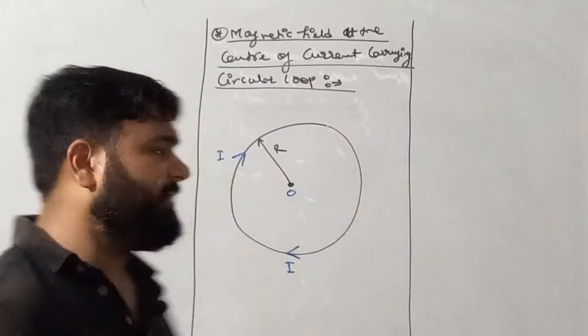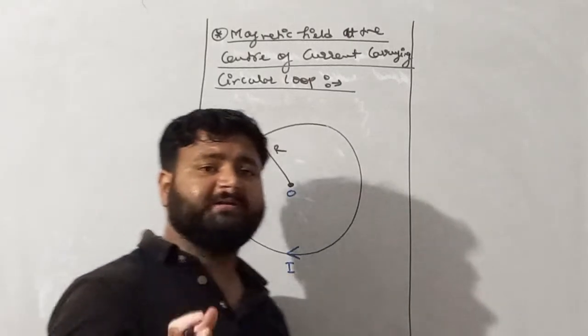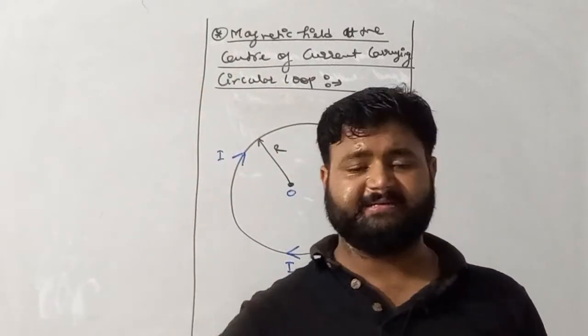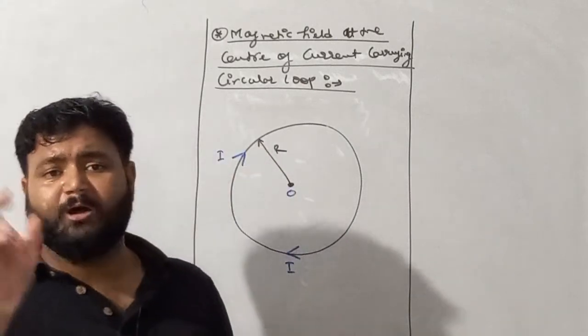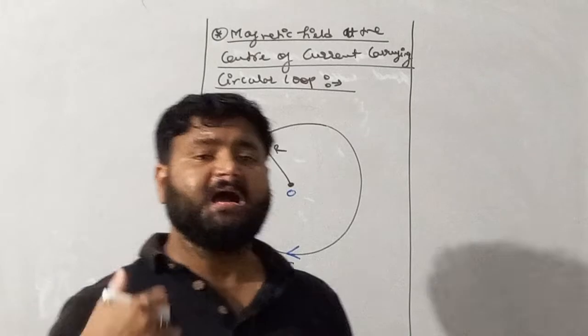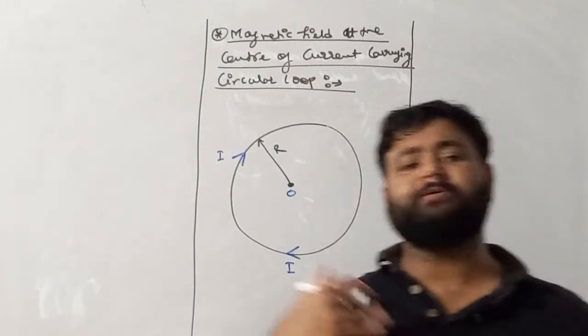So we are all aware of Biot-Savart's law. Biot-Savart's law cannot give the value of net magnetic field due to the whole conductor. It gives the value of magnetic field only due to a small part. That small part is considered to be a current element. After getting the magnetic field due to the small current carrying part, we have to integrate it.